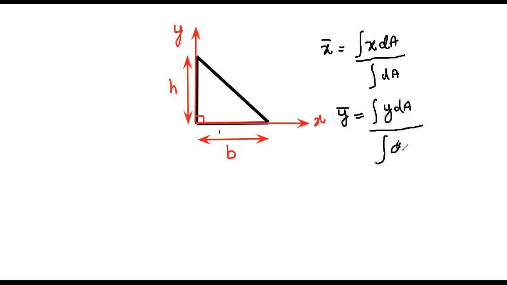These are the definitions of the x and y coordinates of the centroid of any geometrical figure. Now we have to apply these formulas to the centroid of a right angular triangle.